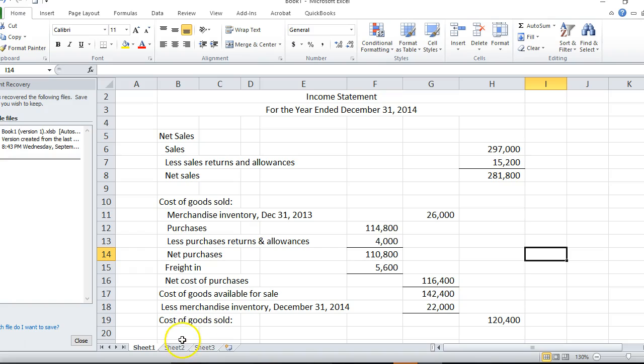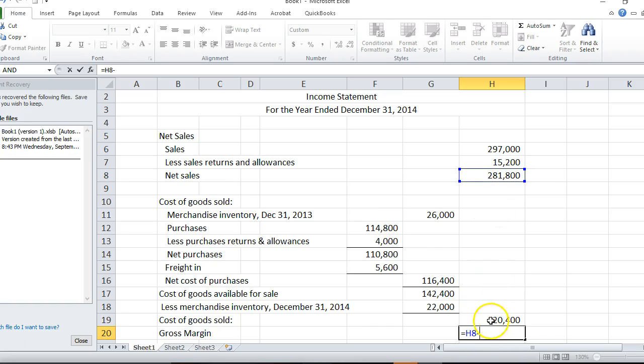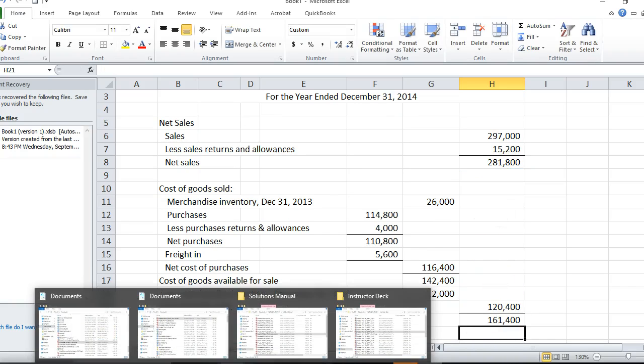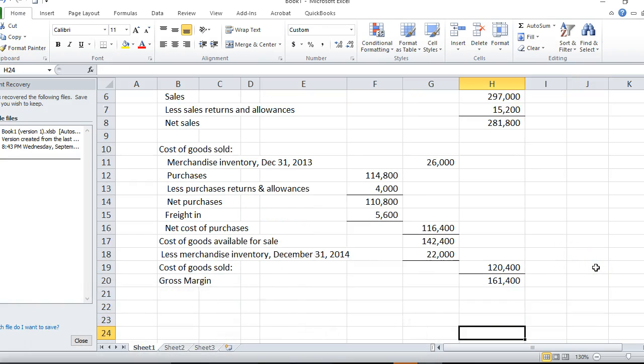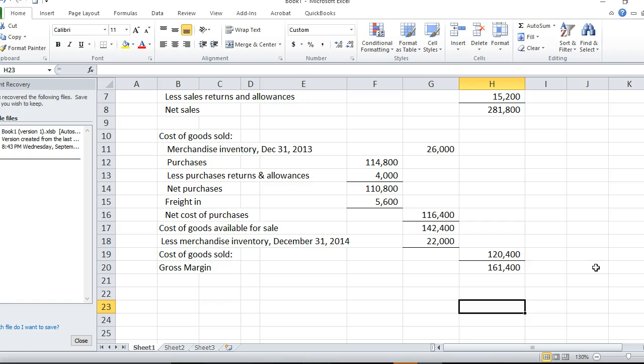which means our gross margin is going to be the difference between our sales minus our cost of goods sold, or 161.4. Do you see how I'm using these three columns to just keep track of my additions?